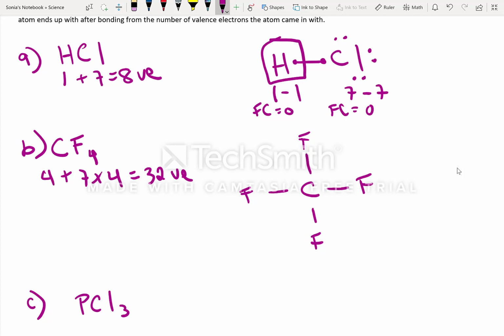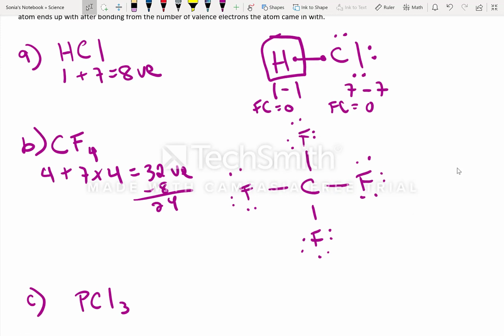That's 8 bonding electrons, and 32 minus 8 gives us 24. And we're going to put 1, 2, 3, 4, all the way to 24, and that uses up all of our electrons.